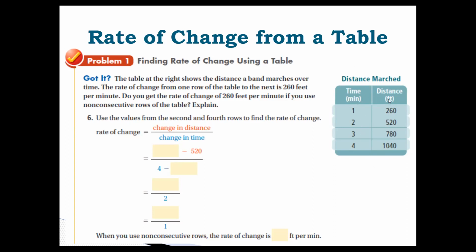Whenever you see a set of data like this in a table, the first column is always the X values. The second column is always the Y values. Always, always, always.